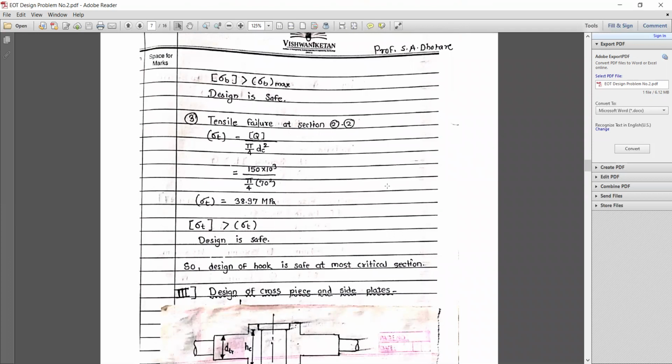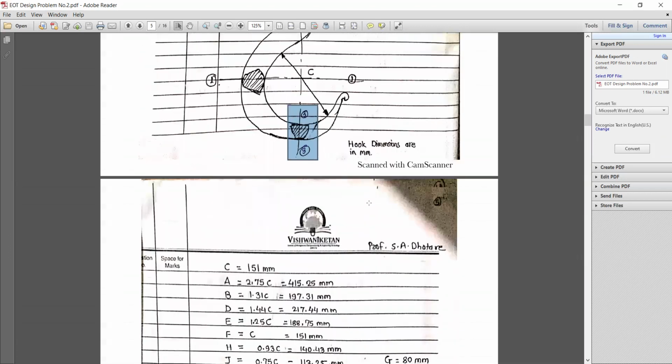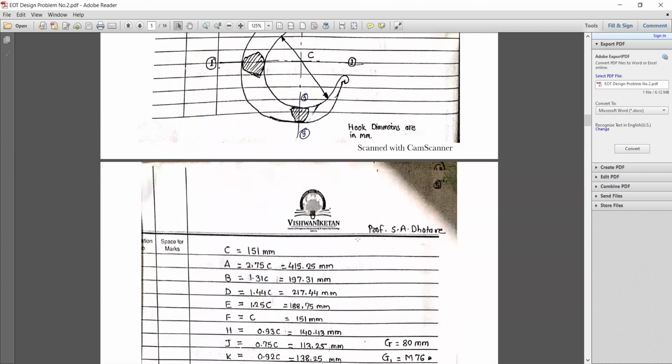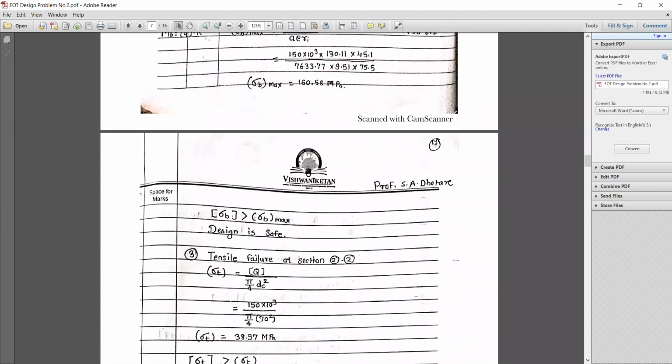So diameter of the... one minute, sorry, we have considered the above diameter, sorry. So previously we have considered that one. Now here we are considering this section 2-2, which is in a diametrical form.